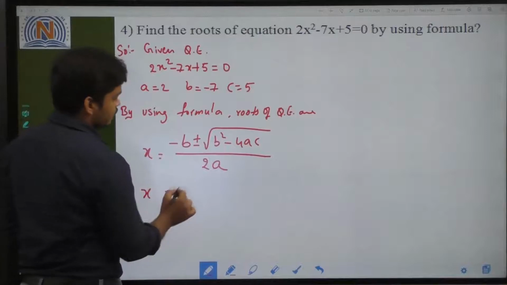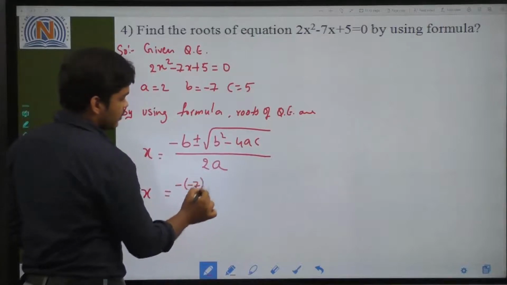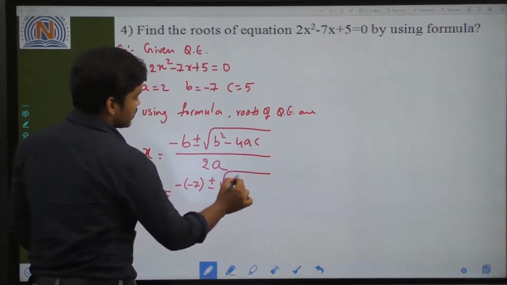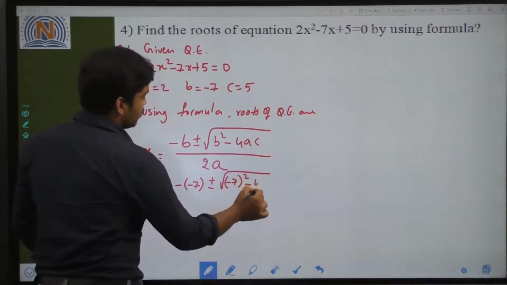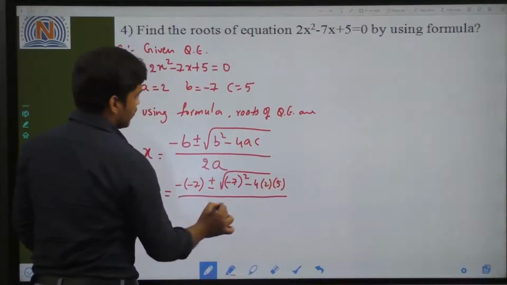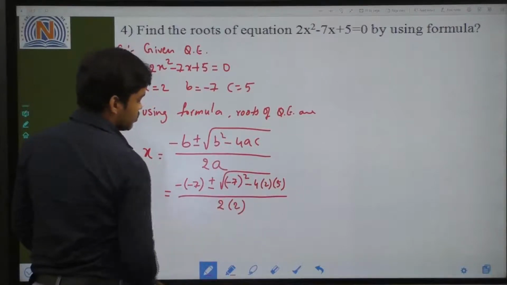So x = (−(−7) ± √((−7)² − 4 × 2 × 5)) / (2 × 2).